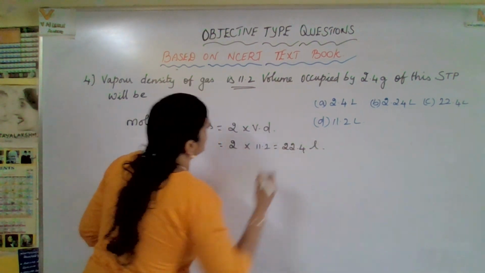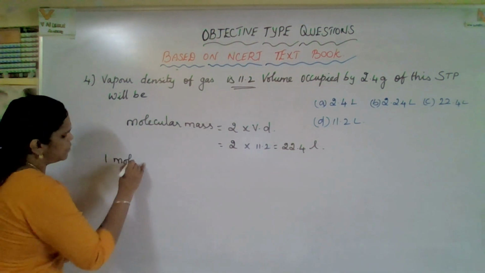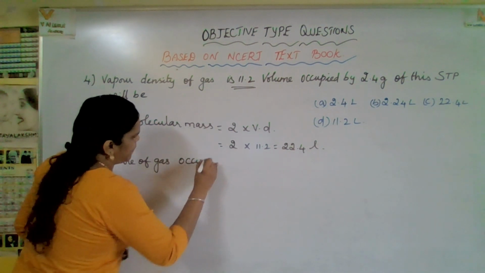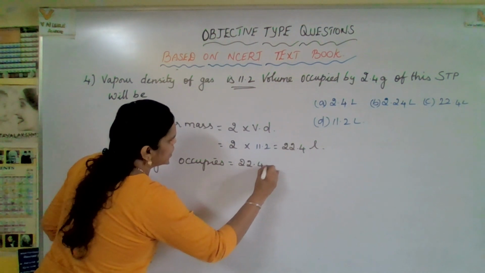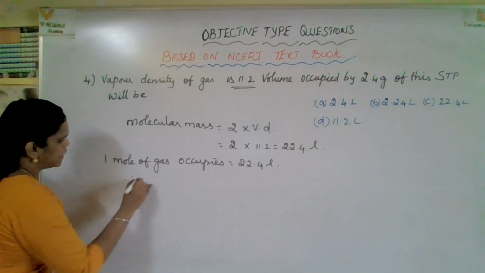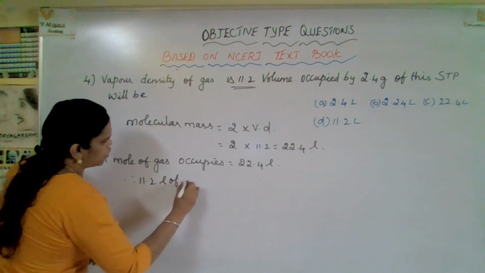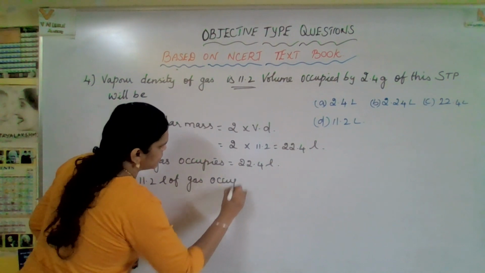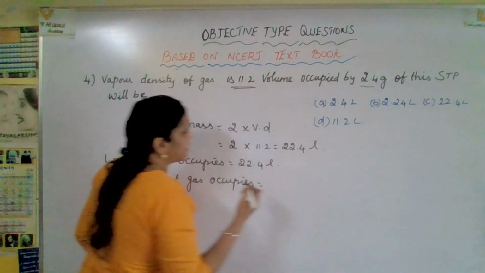22.4 liter volume. Right. 1 mole of gas occupies 22.4 liter. Therefore, 11.2 liter of gas occupies, here they have given the mass in gram.